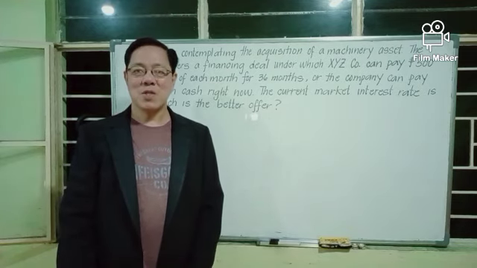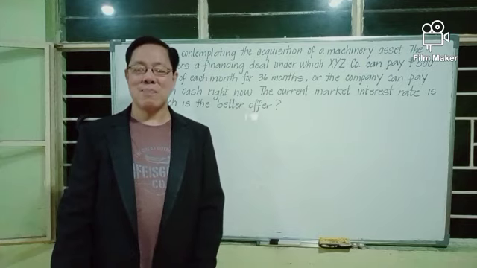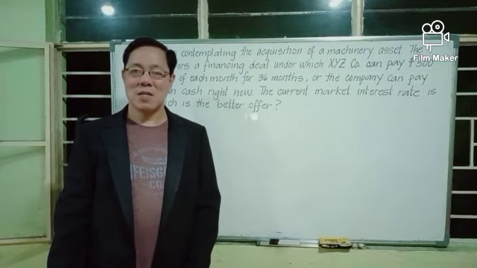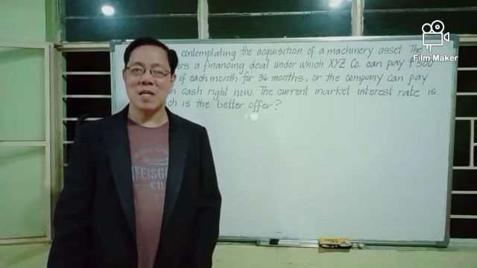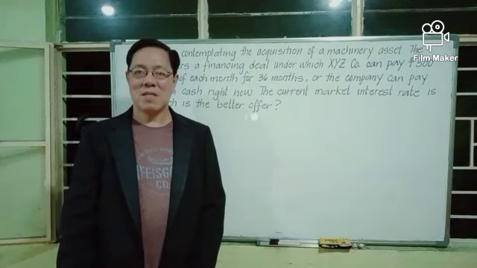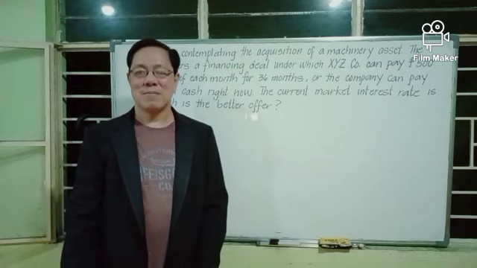And the second option is payment of 500 pesos at the end of each month for 36 months. And 36 months is equal to 3 years. And if 500 pesos is to be paid at the end of each month for 3 years, therefore the company has to make a total of 36 monthly payments.